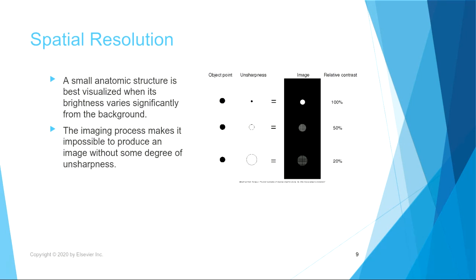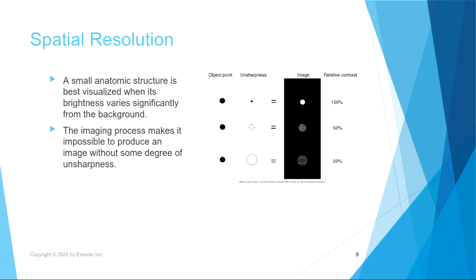They also go on to tell you that because the beam diverges in the way the photons pass through the body, and they have the ability to diverge once they pass through, the imaging process makes it impossible to produce an image without some degree of unsharpness. Even if your object is as close to the image receptor as it can be, some part of the object is always further away.